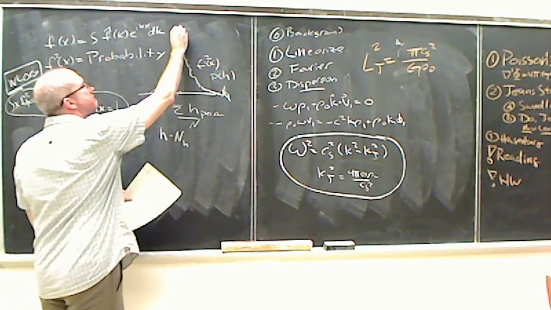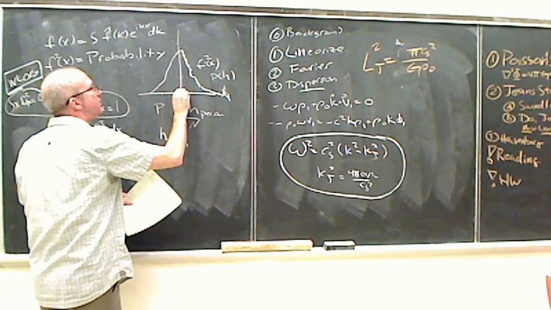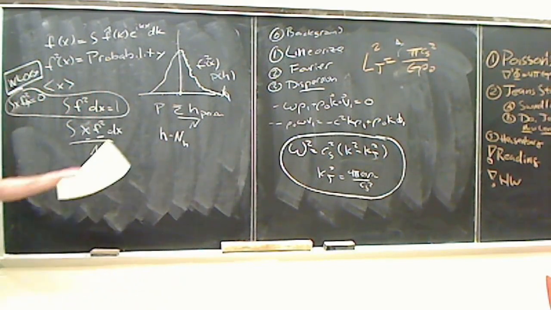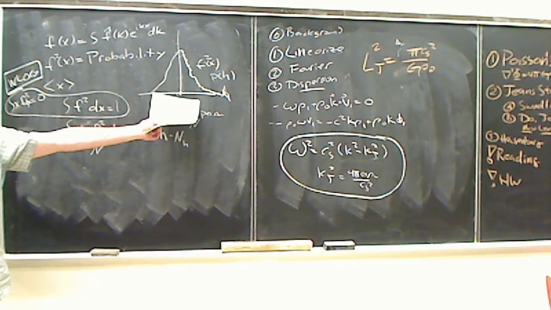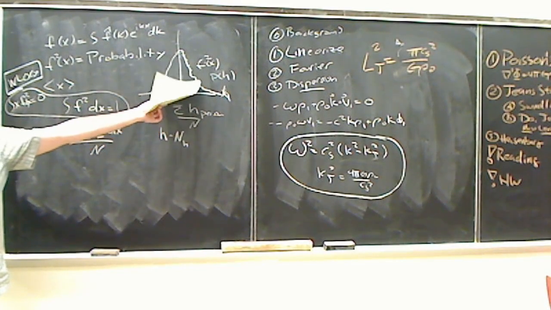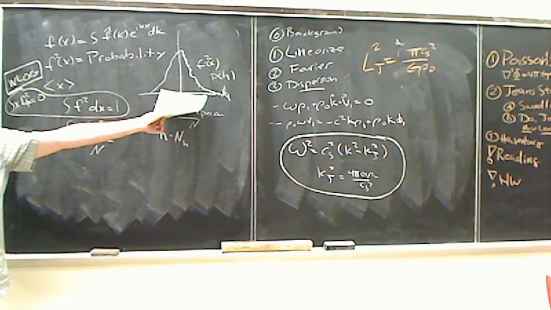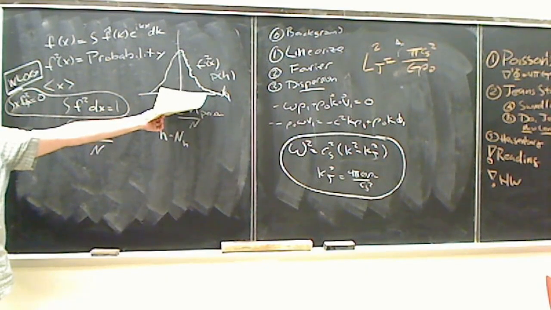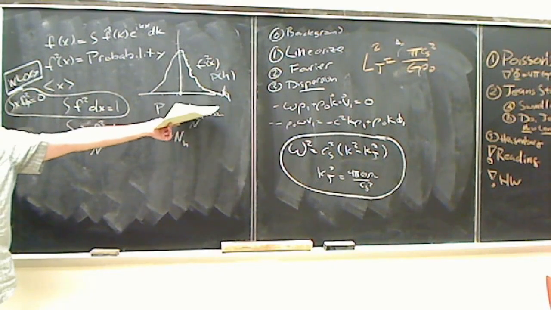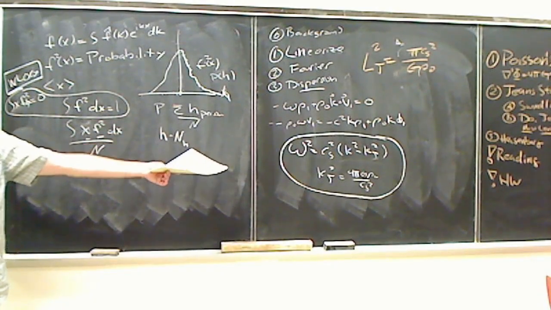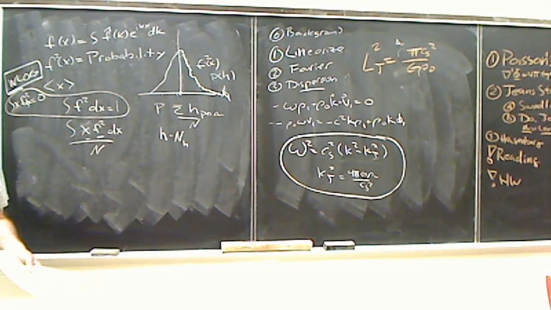So here's 0. The average of this function is 0, and nobody cares about that. How do I describe this distribution with something that doesn't suck? The average is 0, and that's true for any distribution, for any probability. The average of the quantity is usually not as interesting.